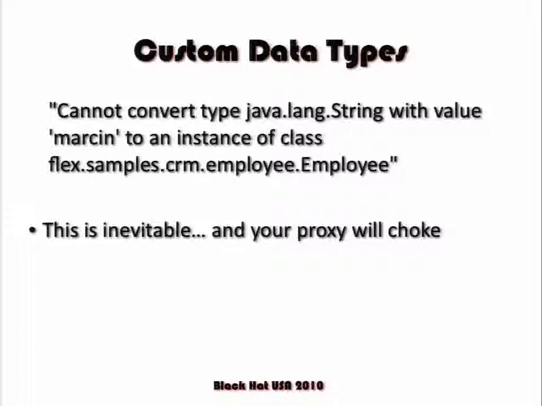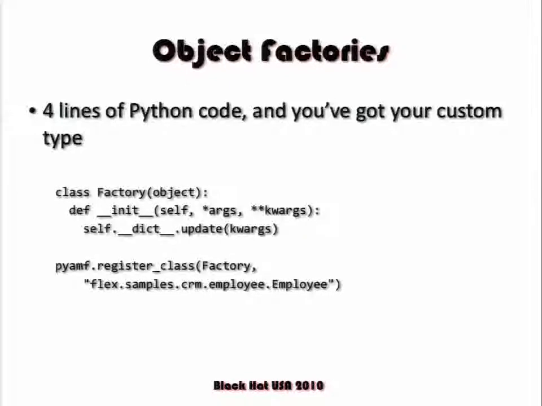Then we just register that class with a class name alias, so that when PyAMF goes to encode or decode that object into an AMF stream, it encodes it as that employee object versus just some dictionary. So when the server gets it, it knows that it's an employee object and not a dictionary or a hash map or whatever, and it works. So that's that.